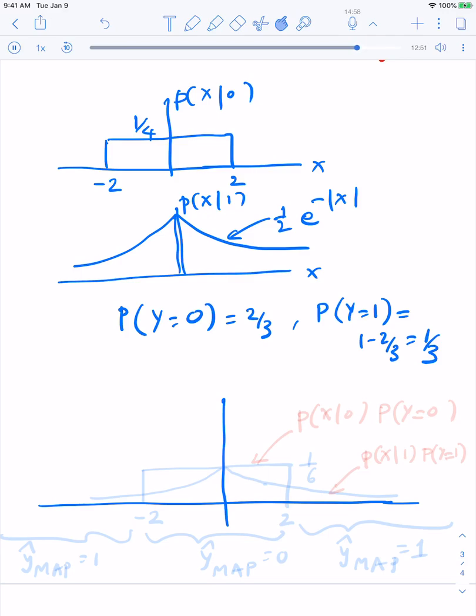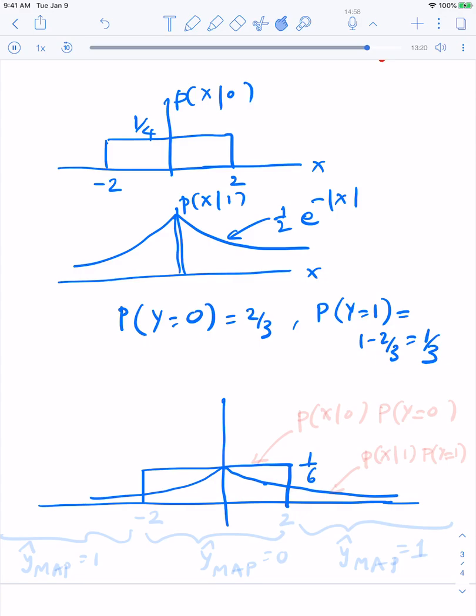I'll just draw something, it's not to scale. Let me call this height 1/6. And then this guy, half times 1/3, will again be 1/6. So I have chosen this really wisely. So this is also 1/6.